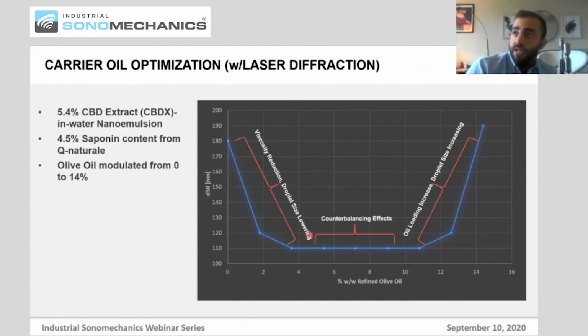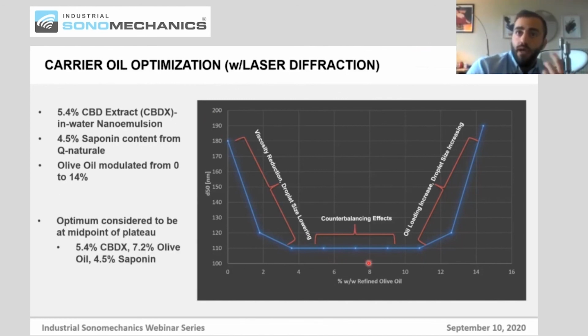And then again, above 10%, the oil loading is overwhelming. So what we made as an optimum was the midpoint of this plateau where the effects were counterbalancing each other. And that corresponded to an optimum nanoemulsion with 5.4% cannabis extract, 7.2% olive oil, and 4.5% saponin content.